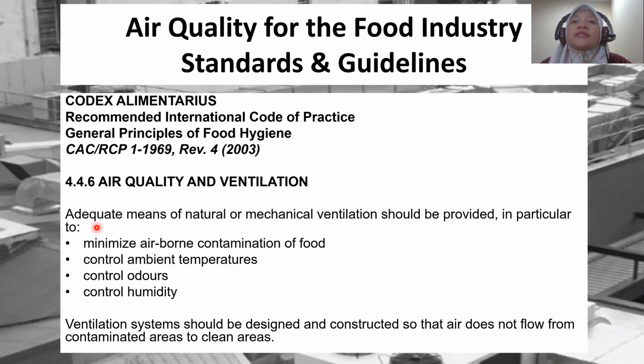Under this section, it states that adequate means of natural or mechanical ventilation should be provided. The objective is to minimize airborne contamination of food, to control the ambient temperatures, to control odors, control humidity. It also states that ventilation system should be designed and constructed so that air does not flow from contaminated areas to clean areas.